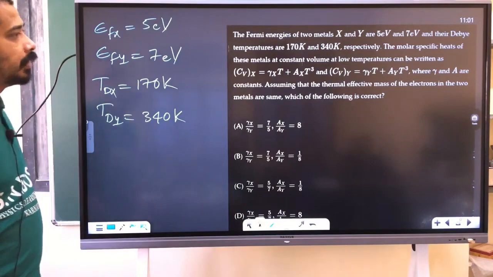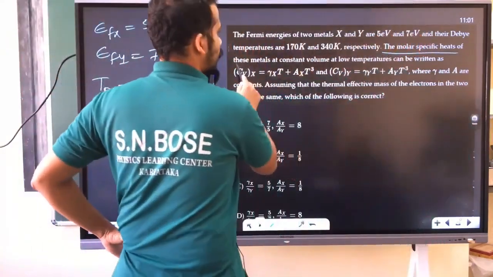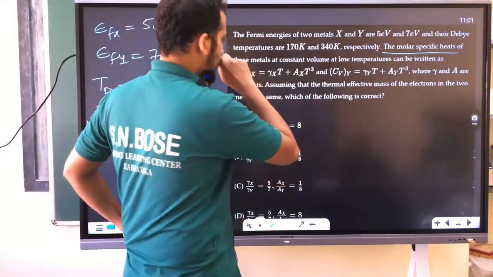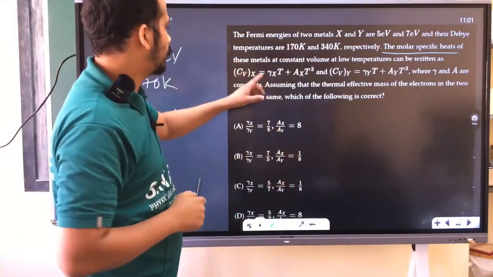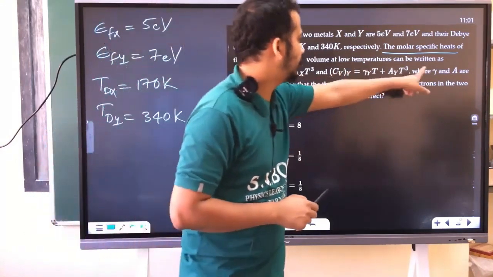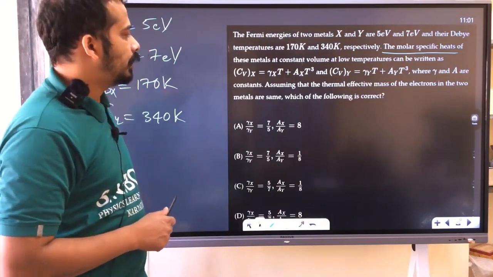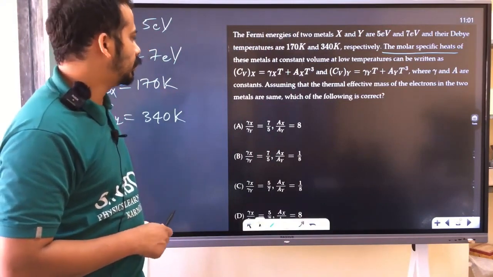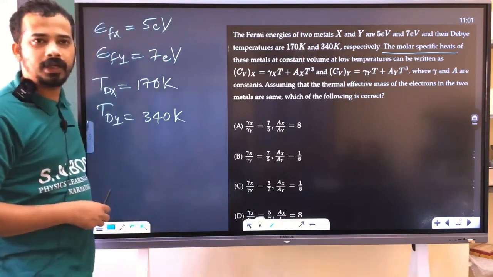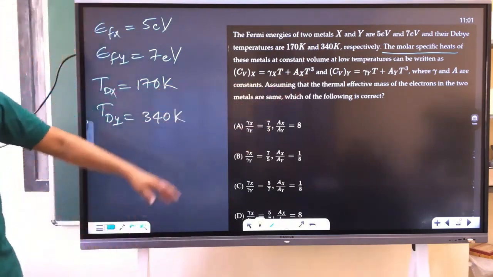Now the molar specific heat of these metals at constant volume at low temperature equals gamma x T plus ax T cube, and Cv equals gamma y T plus ay T cube. Gamma and A are constants. Assuming that thermal effective masses of the electrons in the two metals are same, though usually that will not be the same in condensed matter physics.